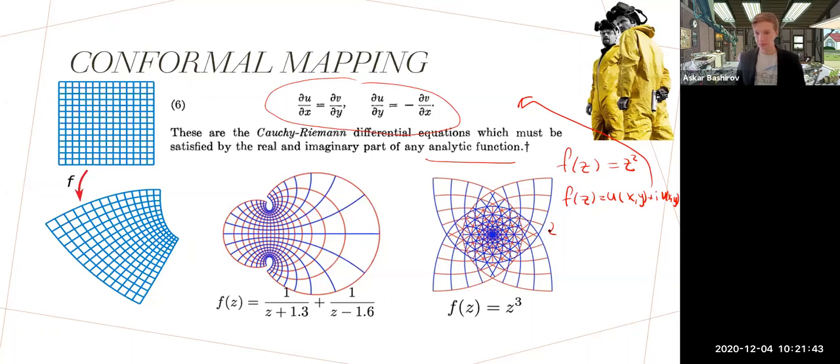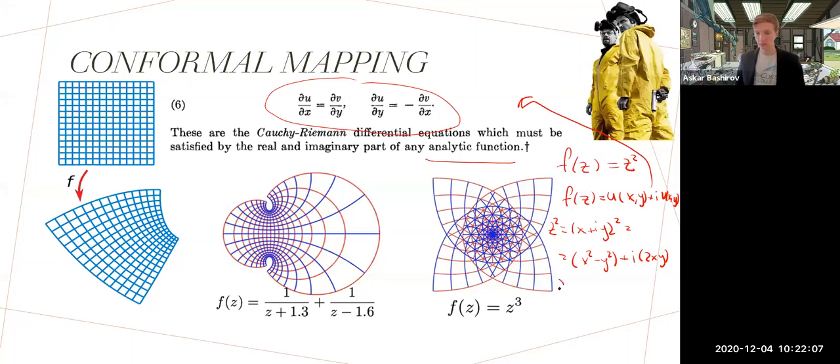So for z squared, we have (x + iy) squared, which for the real part is x squared minus y squared, because if you open the brackets, i squared will be -1, and plus i times 2xy. So this is our u, and this is our v.